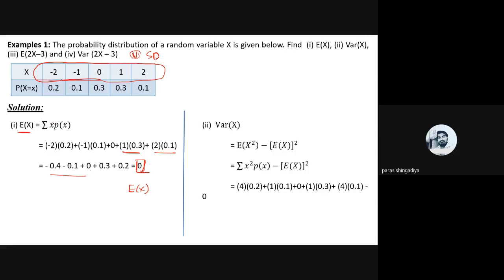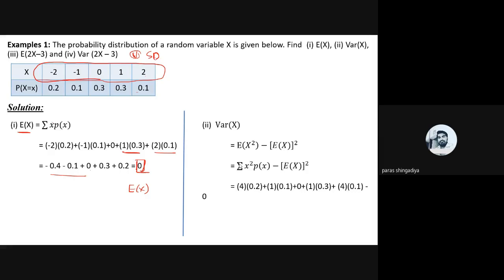First square the random variable, and later multiply with its probability. So minus 2 square, that is 4 into 0.2, minus 1 square into 0.1, 0 square into 0.3, 1 square into 0.3, 2 square into 0.1. So you will get 4 into 0.2 plus 1 into 0.1 plus 0 plus 1 into 0.3 plus the last term, 4 into 0.1.